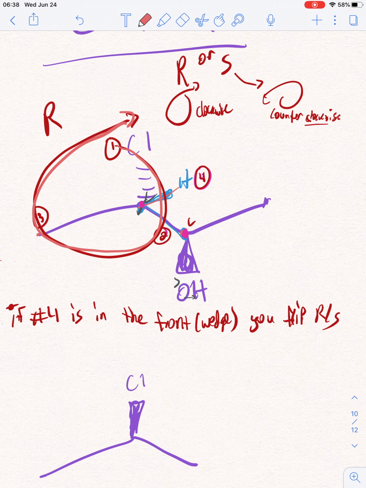Once we find the chiral center, this is what I always do. I look back and ask myself, is number 4 in the front or the back? If number 4 is in the front, I have to flip it. And 4 is in fact in the front, so it flips to S. So our official chiral center is S.